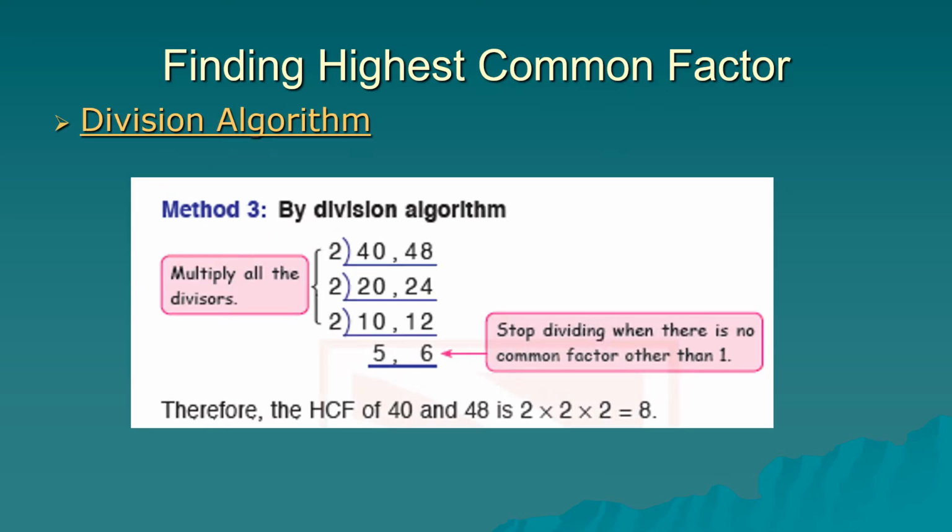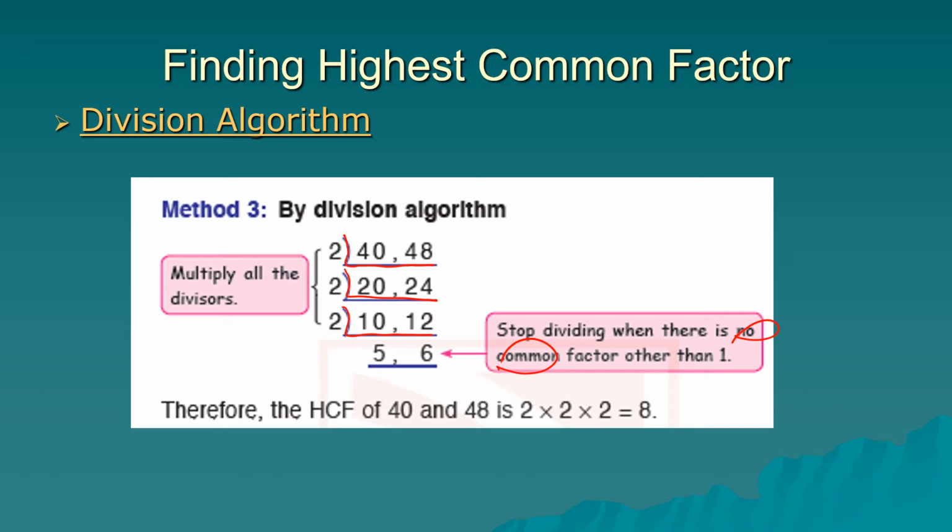Another way to find the highest common factor is using the division algorithm. So we are dividing 40 and 48 simultaneously. So we are looking for the common factors of 40 and 48. So that's 2. And then we are going to divide them until there is no more common factor other than 1.